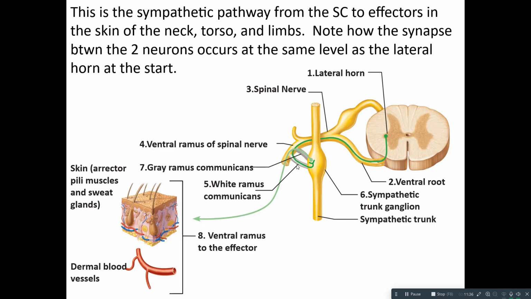That's why it's going through what's called a white ramus communicans. Then we have our two neurons meeting here in the sympathetic trunk at this sympathetic trunk ganglion. And then our postganglionic neuron leaves the trunk via a gray ramus communicans back to the ventral ramus, then onward to wherever in the skin we happen to be going.